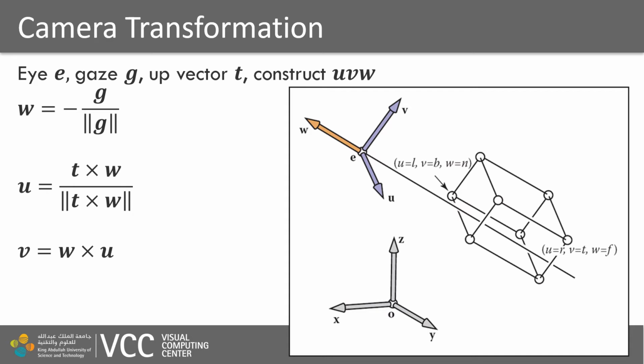And later on, once we have this, the view volume defined by the planes L, R, T, B, N, and F will be already defined in this camera space using the camera coordinate system.